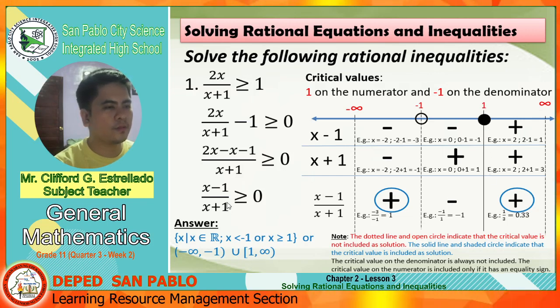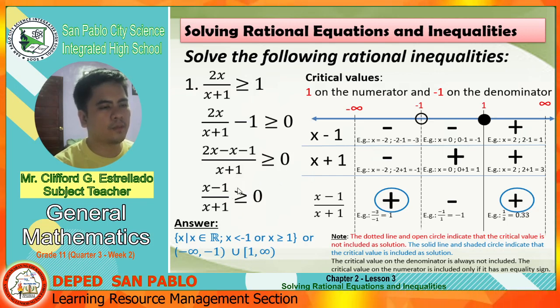So, in other words, just look at the inequality sign. If the inequality sign is greater than or equal to, or less than or equal to, meaning it has an equal sign, we can include the critical value of the numerator as part of our solution set.